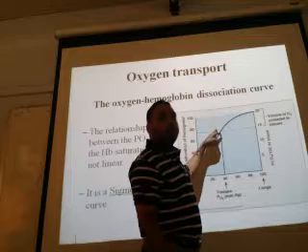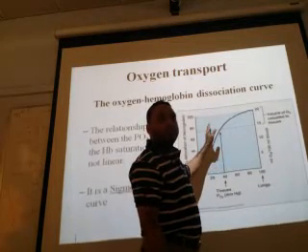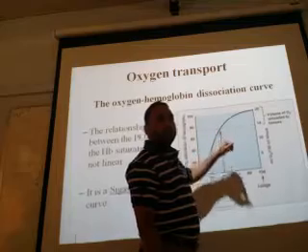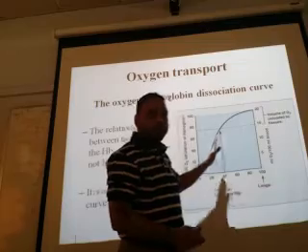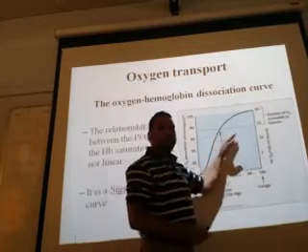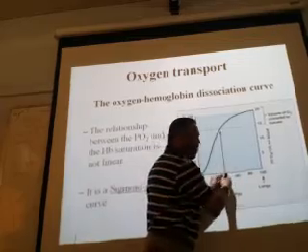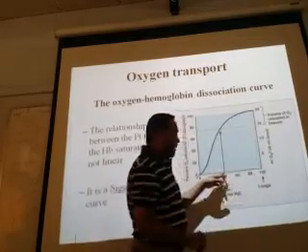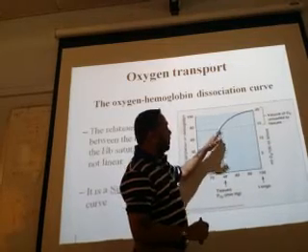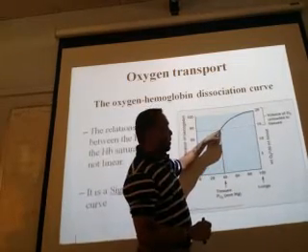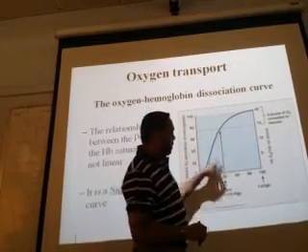At the tissue level, which is beneficial? Shift to the right or the left? Shall I repeat? Again, shift to the right means what? At any partial pressure, say 40, if this is normal, normal is 75% saturated.